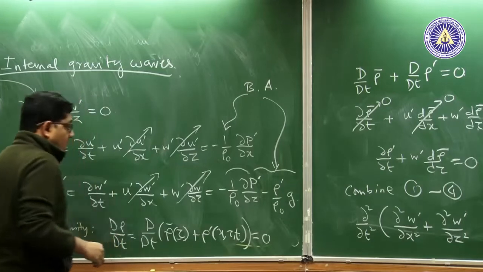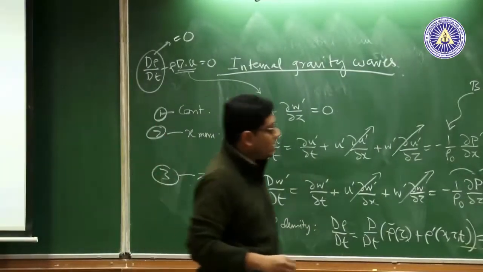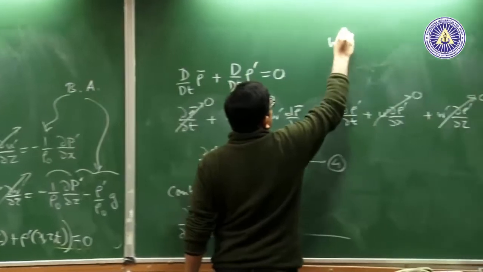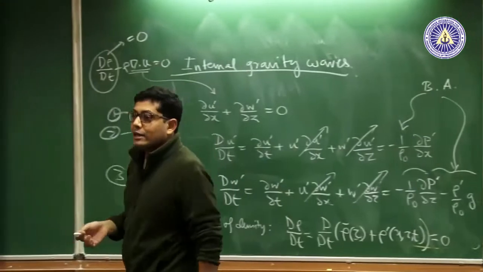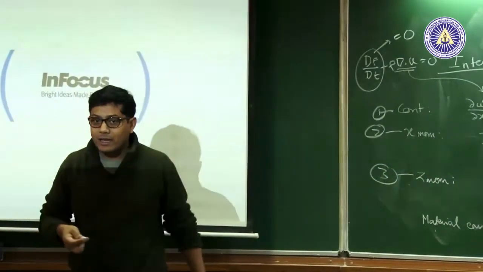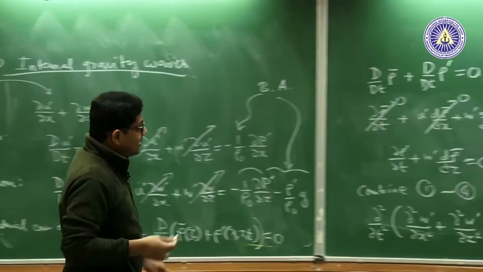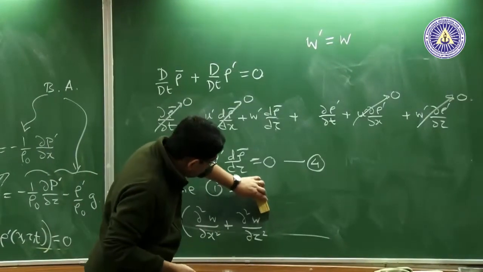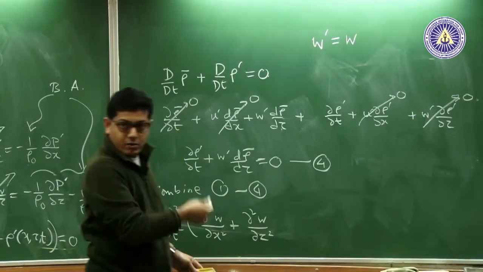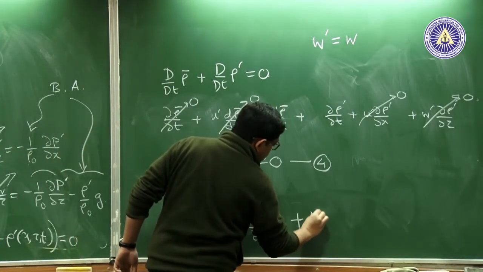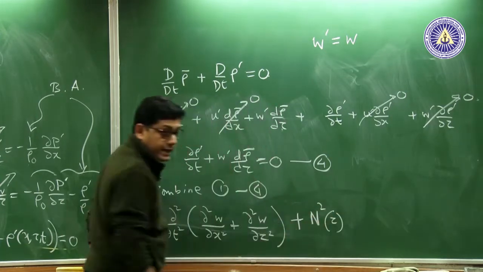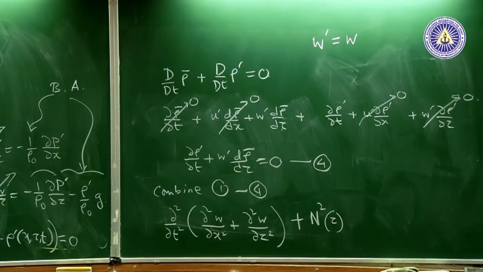From now on I will not write w prime; I will simply write w. There is no point, because if I had a bar and a prime, I could continue to do that, but it is no longer required. Just assume that because w is small, you can simply write w for w prime, plus N squared, which by the way is a function of z, and that is why I am emphasizing that N squared can be a function of z. There is no reason for it to be constant. Constant is a special case.